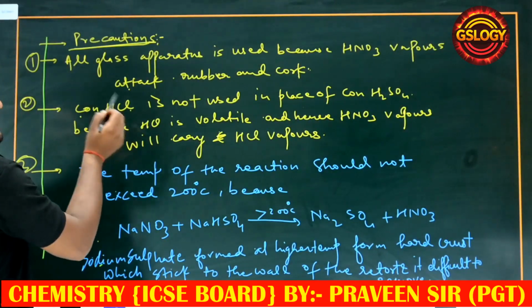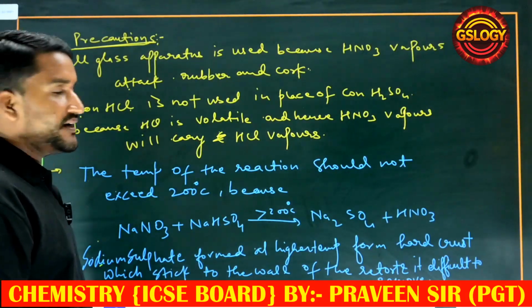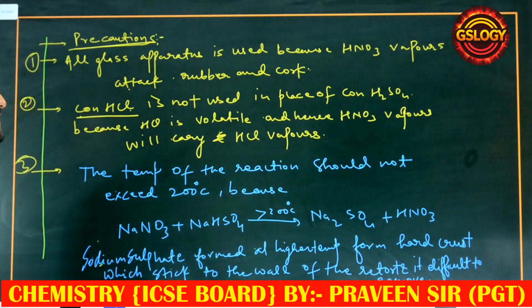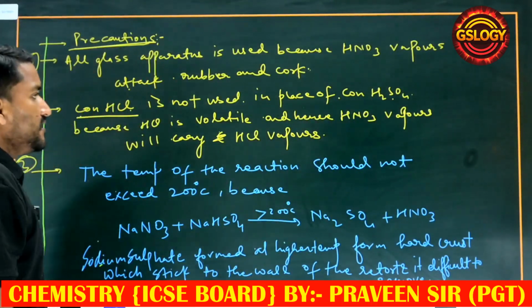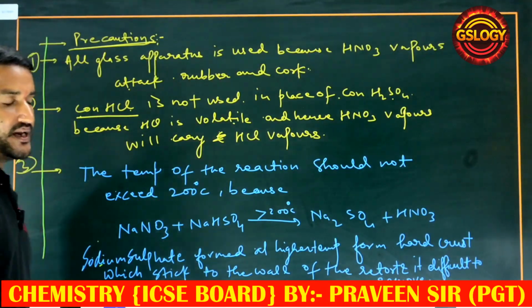And for the preparation of nitric acid, concentrated HCl is not used in place of concentrated H2SO4 because HCl is volatile.